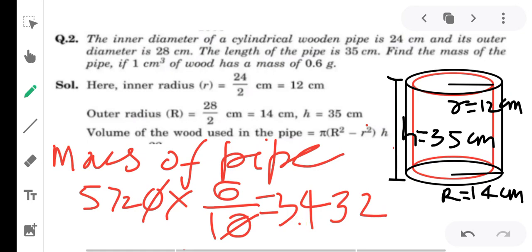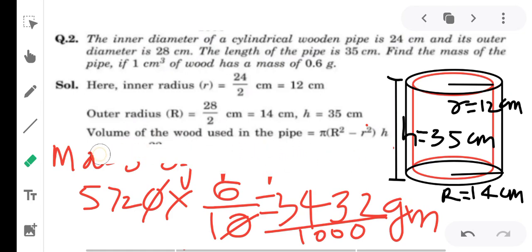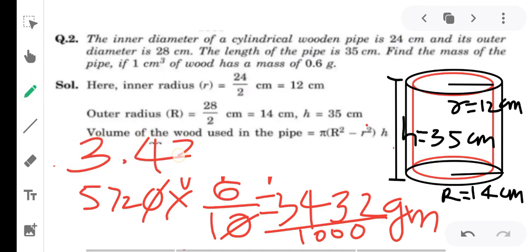And if you convert this value, अगर आप इस वैल्यू को कन्वर्ट करेंगे, so this value is in gram, आप यहाँ पर देख रहे होंगे कि ये जो वैल्यू है ग्राम में मिला है, and if we want to convert this value into kilogram, so this value should be divided by 1000. अगर आप इसको 1000 से डिवाइड करेंगे, so what mass of the pipe you will get, it would be 3.432 किलोग्राम. तो 3.432 किलोग्राम ये हमारा फाइनल आंसर होगा.